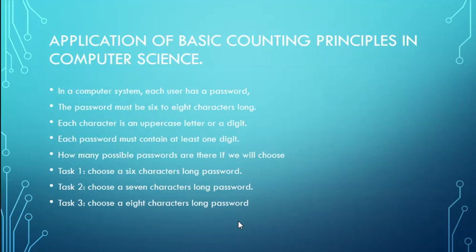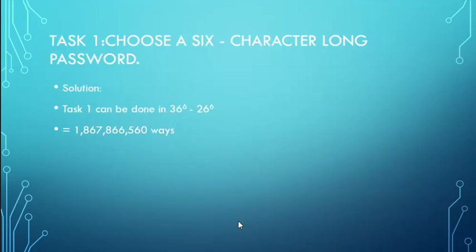We should divide the task into 3. First is to choose a 6 character long password. The solution can be done by computing 36 to the power of 6 minus 26 to the power of 6. And why did we do that?